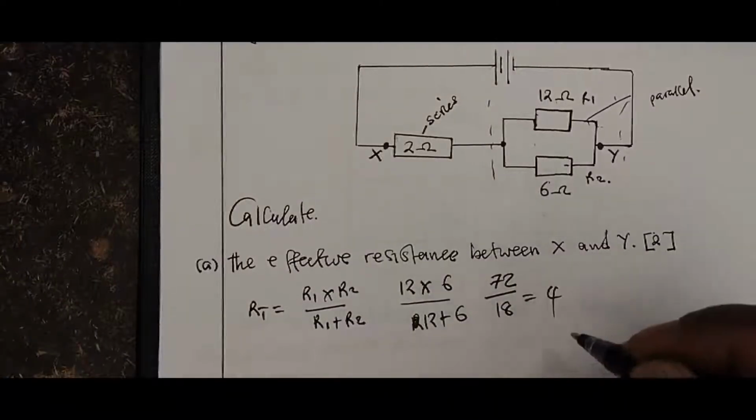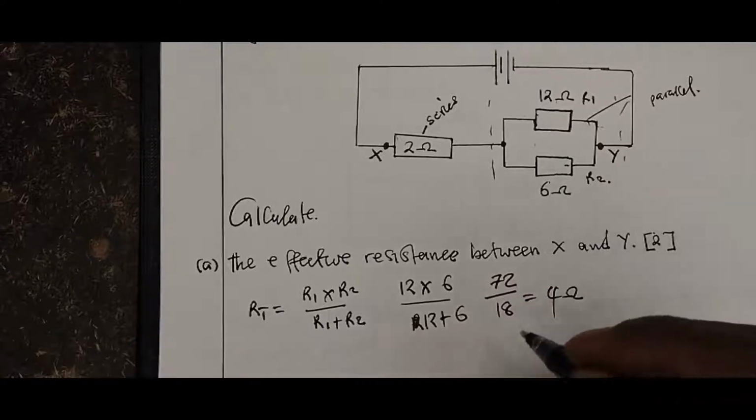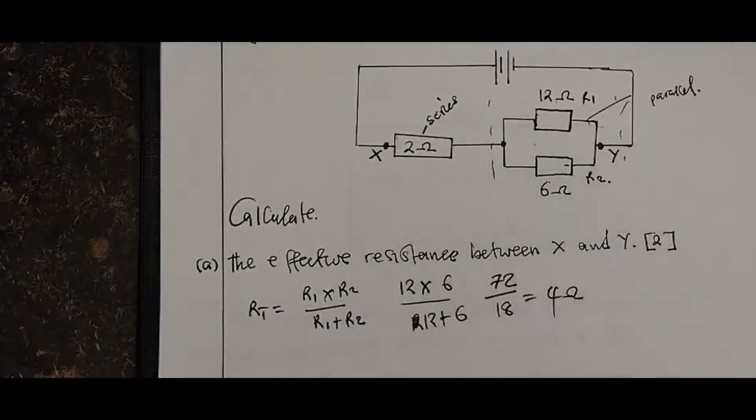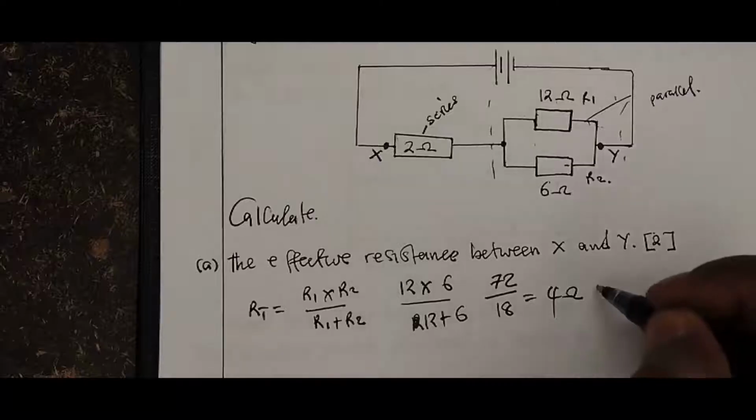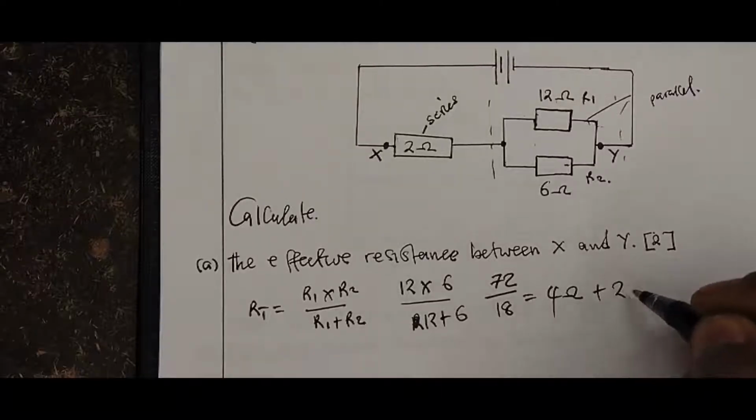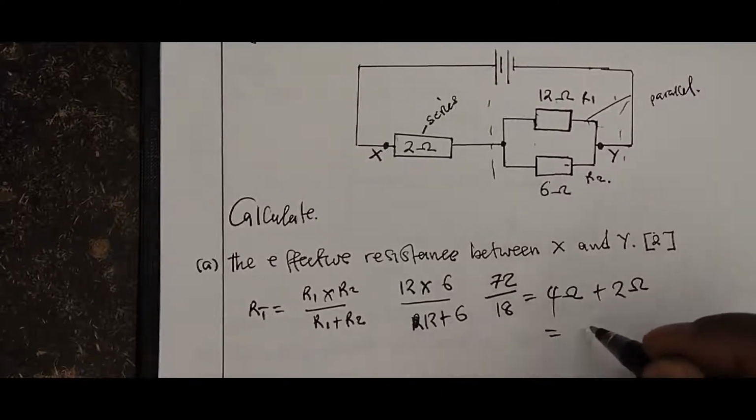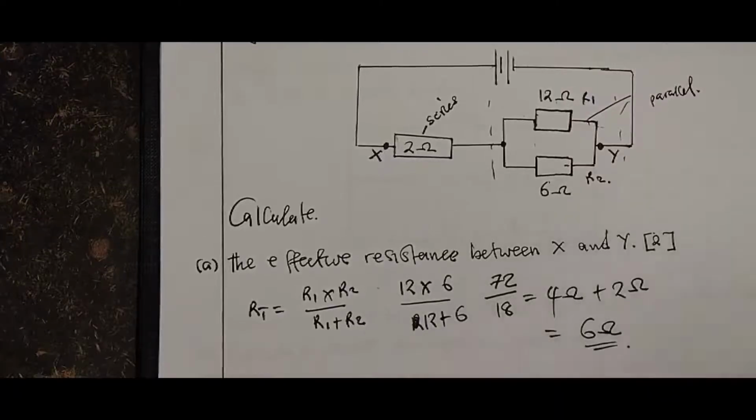Okay? So we have 4 ohms for these 2 that are in parallel, and you add the one that is in series, which is 2 ohms. Therefore, the total resistance gives us 6 ohms. So that is how you do it when you are given such a situation.